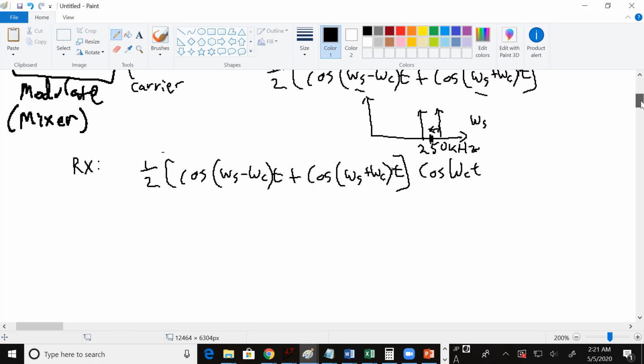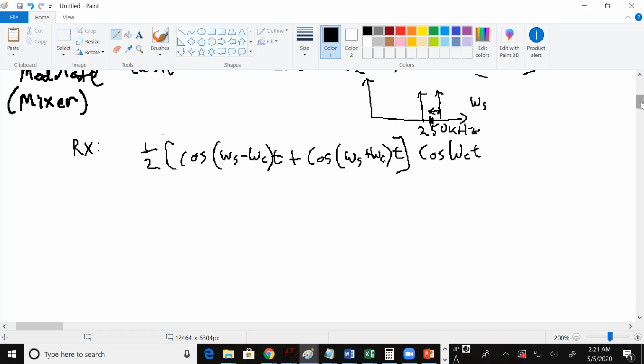Then you get it on the receiver side, and you multiply it by cosine of the carrier. So let's multiply this out. You've got the 1/2 out front, and then you have this times this term. I'm just distributing it. So you've got cosine omega S minus omega C times T times this term right here.